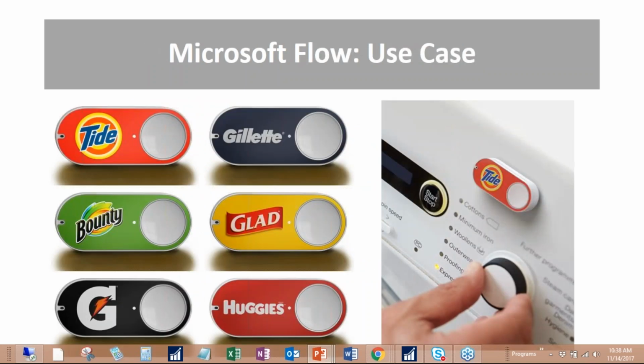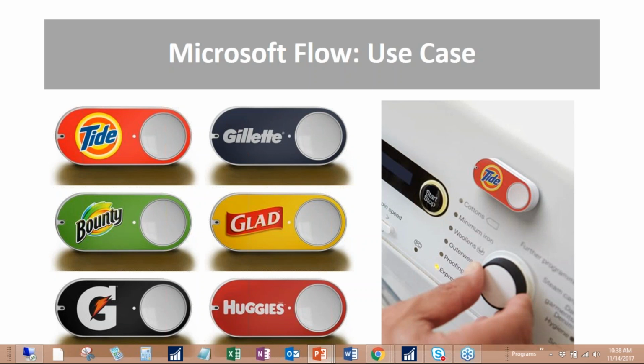So the Microsoft Flow use case, and for any of you that aren't aware, these are Amazon Dash buttons, and I've got a little picture there of one on the washing machine. Basically, the way these work, it's like a physical version of a Flow.